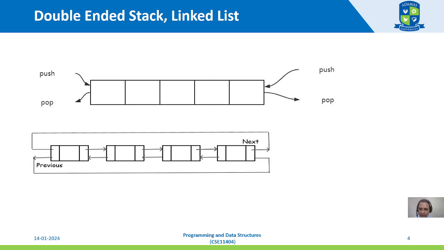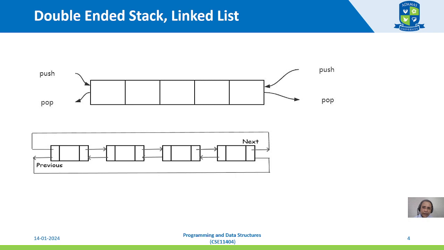So there are 2 address parts and 1 value part. We can also have a linked list having 1 address part and 1 value part. This is very important to understand.